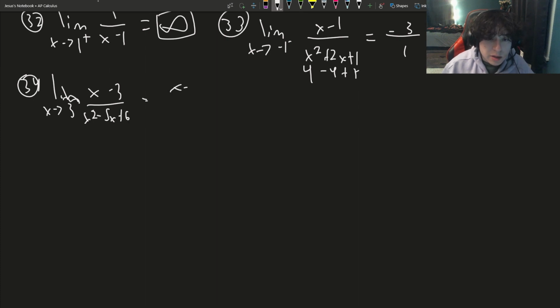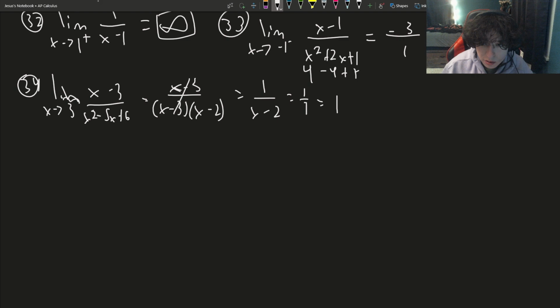You can factor the bottom into x minus 3 and x minus 2. Cancel, then you have 1 over x minus 2. You plug in 3 and you get 1 over 1, which is just 1. And then 35.